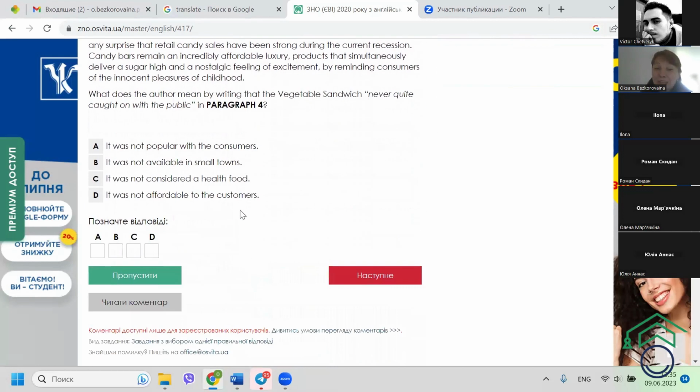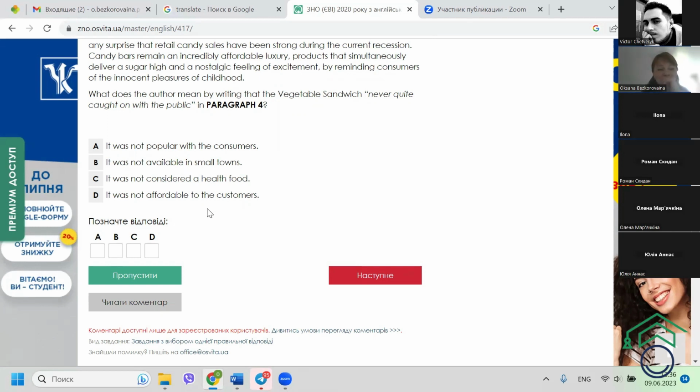Так, окей, повертаємося знову. Да? Так, what does the author mean by this phrase? Перше не підходить, тому що нічого не було казано. Популярна, не популярна, тут не було про це мови. Ага, так. Я зрозумів. It was not available in small towns. Ну, також, коли мова пішла не про це, мінус.